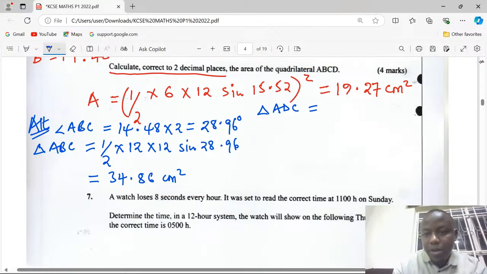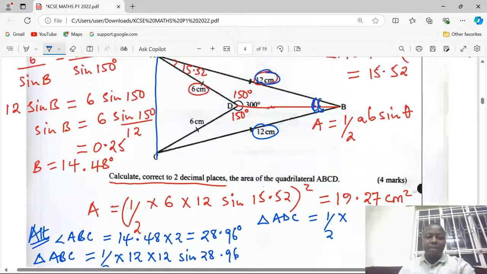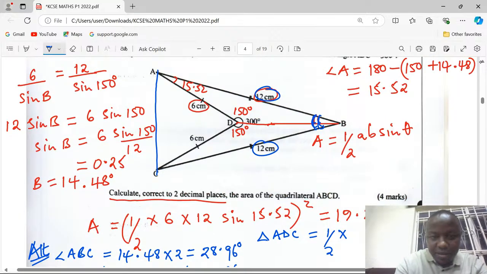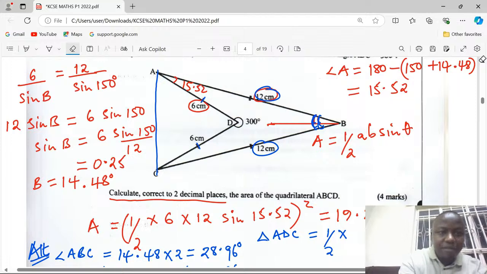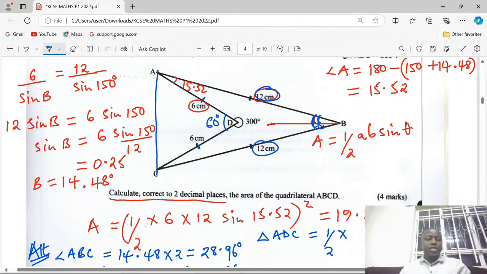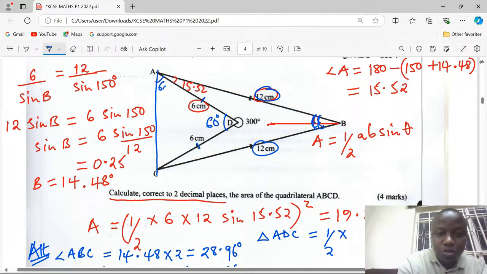Already, this length and this length are equal. Then we are having an angle of 300 at this point, which means the inner angle is going to exactly be 60, because those are angles at a point D. So if the angle is 60 degrees, then the base angles are also equal to 60.